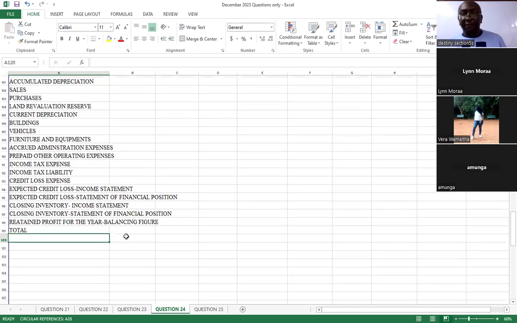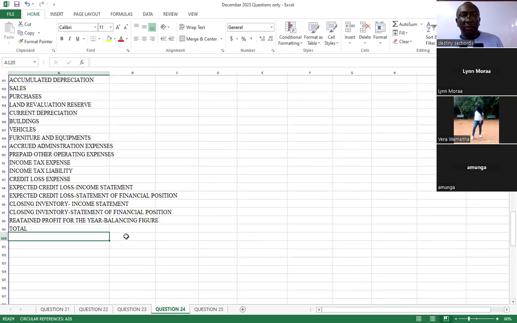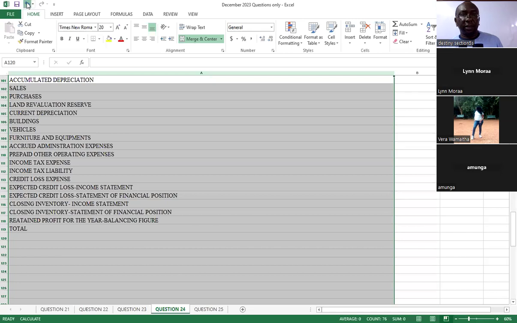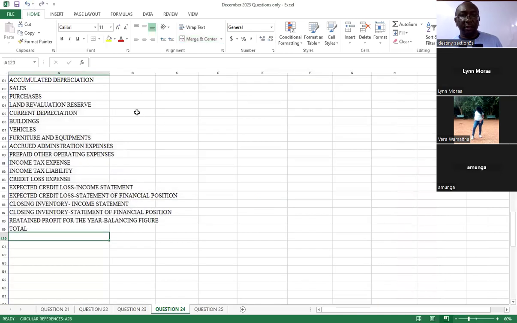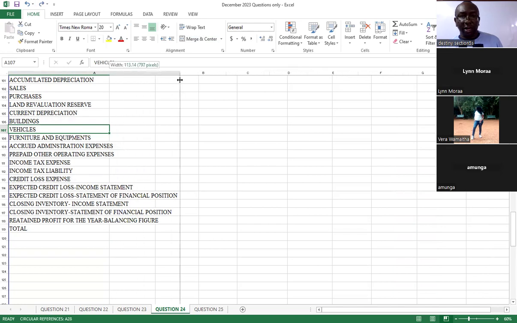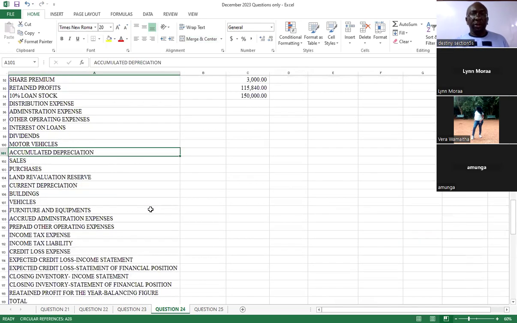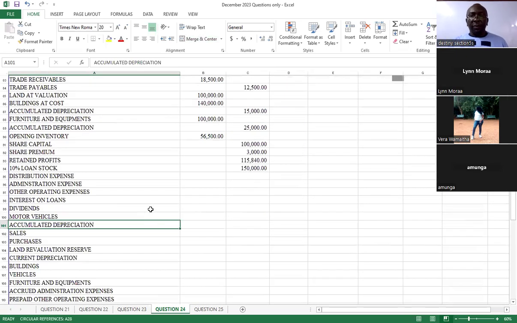So I think we have done the framework. I can seek to expand this one here. Don't want to select everything. I just want to expand a little up to that point. Okay.